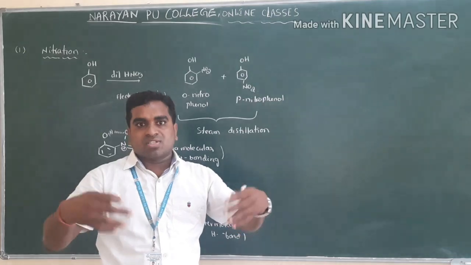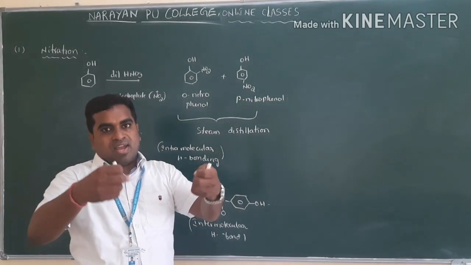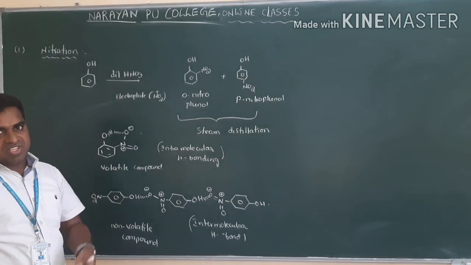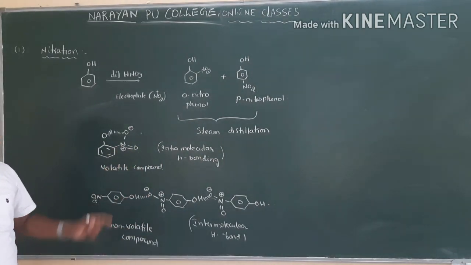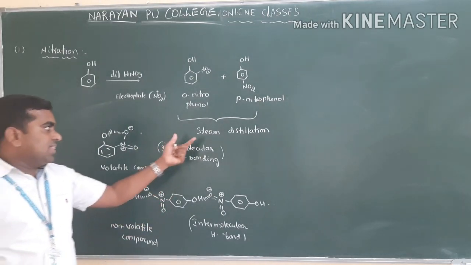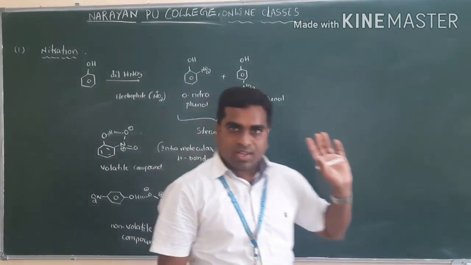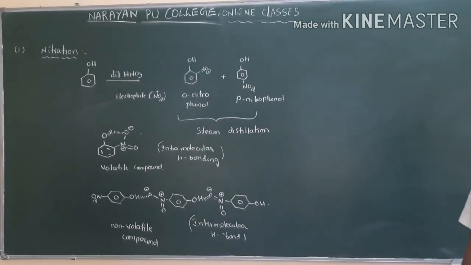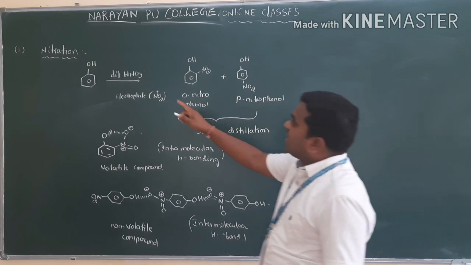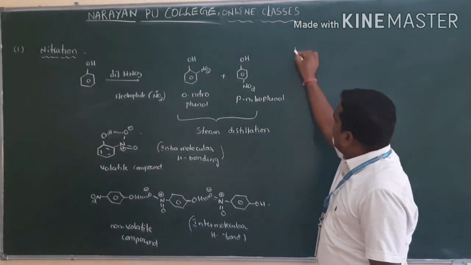Whenever hydrogen bonds are more, the molecules come very close to each other, and they cannot form vapors easily. So it is non-volatile, while the other is volatile. If one is volatile and another is non-volatile, then they are separated by steam distillation. Clear? So this is the nitration with dilute HNO3. And the second one.